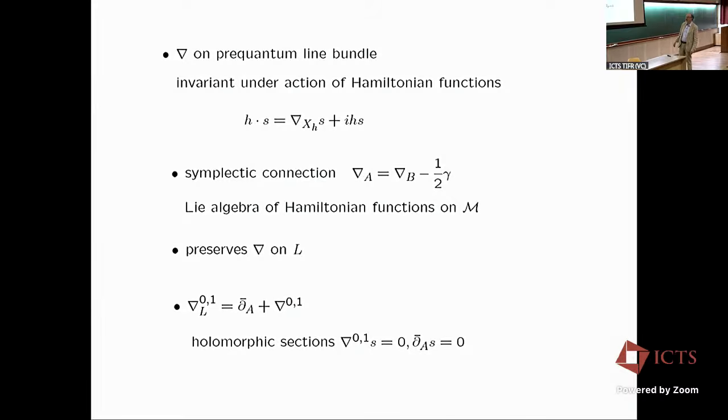I mean, it's possible that one can write something down, some kind of heat equation. But the first thing is to try and do that in this context. Essentially this d bar A defines a connection on this infinite dimensional space of holomorphic line bundles, but it's not flat.